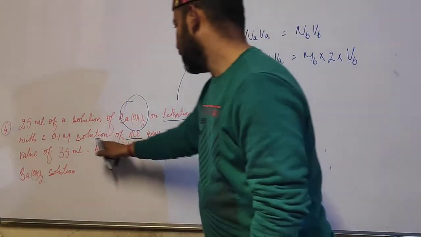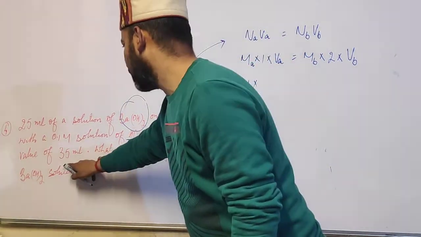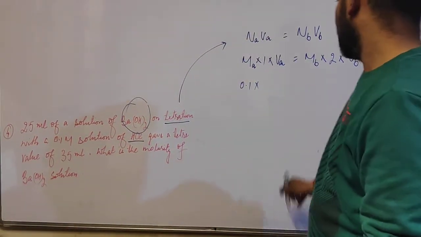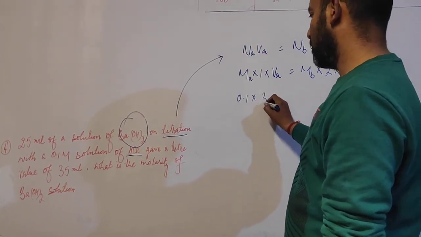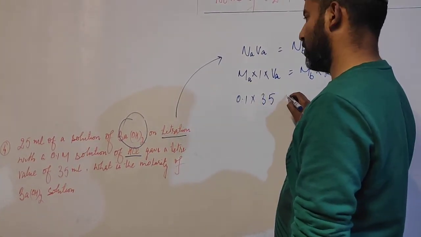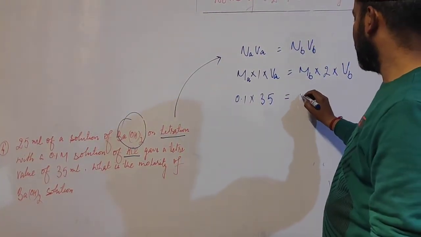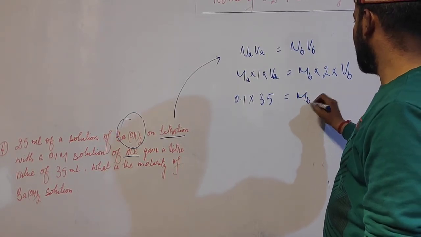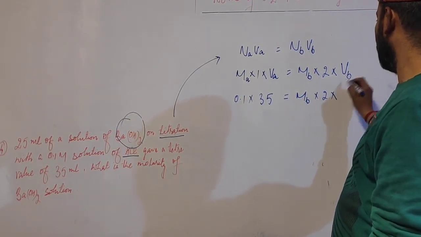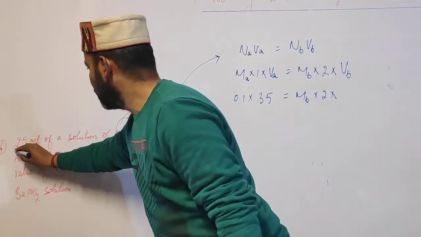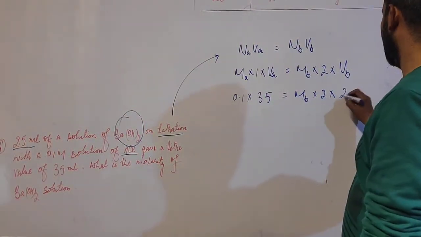The titer value given is 35 milliliter. Now we need to find molarity of base into 2 into volume of base, which is 25 milliliter.